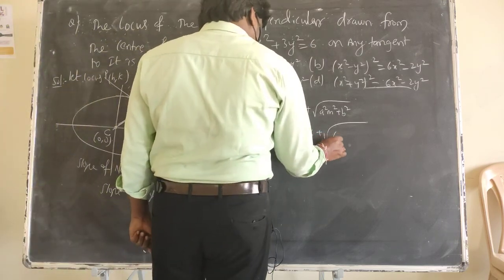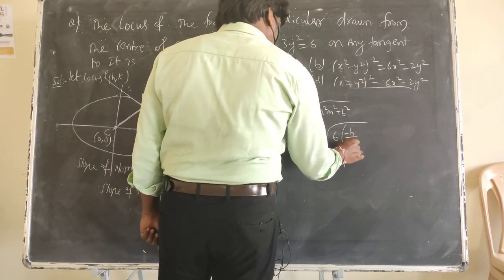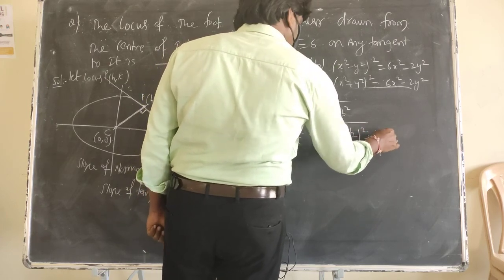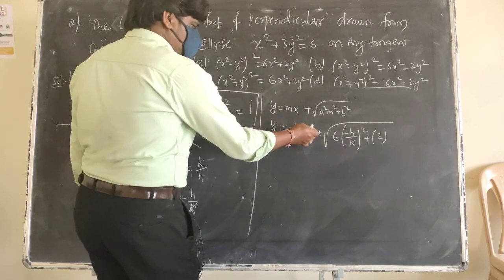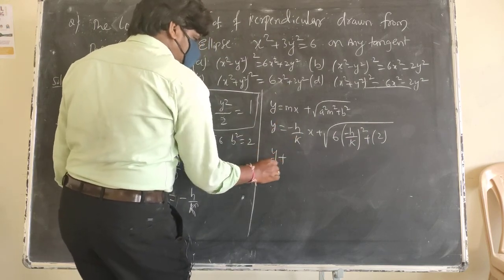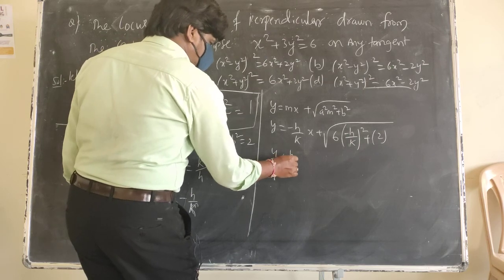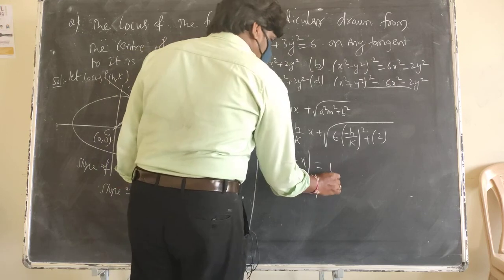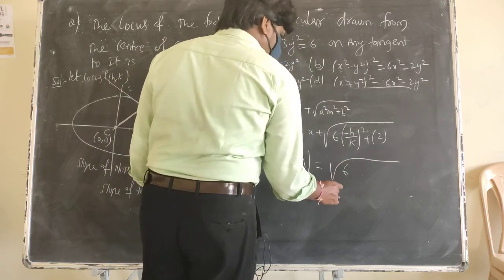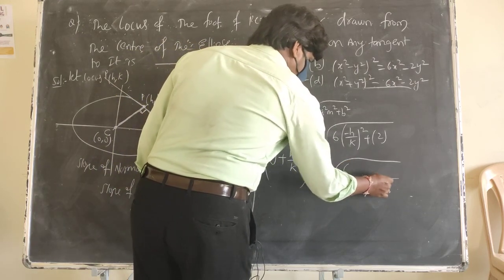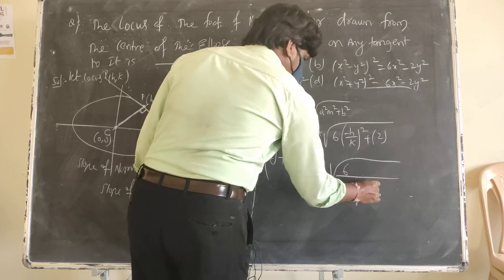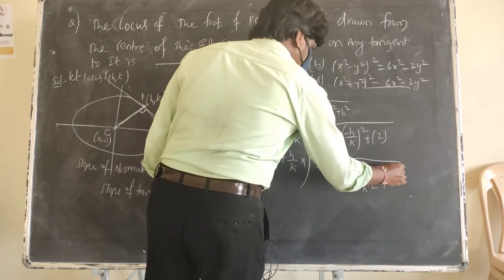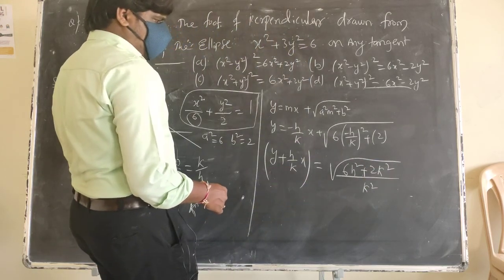Substitute here 6 into minus h by k whole square plus 2. Now send this side: y plus h by k into x is equal to under root of, taking the LCM k square, 6h square plus 2k square over k square.